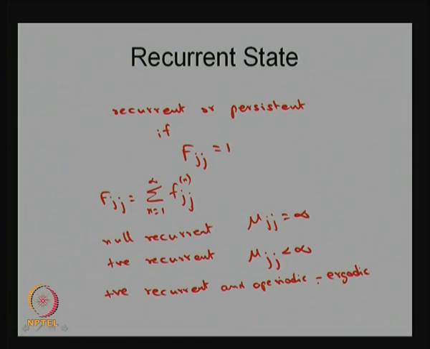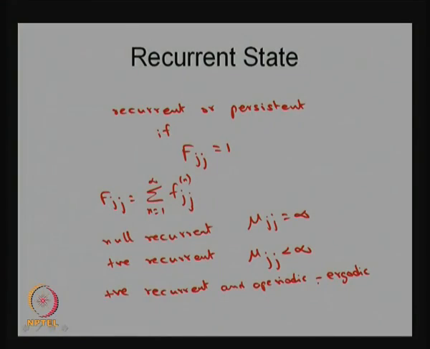That means you will end up with only one class in which all the states form one closed communicating class. Suppose one state is positive recurrent and aperiodic, then all other states are also going to be of the same type and the same period. Therefore, all the states are ergodic states. Then that Markov chain is called an ergodic Markov chain.